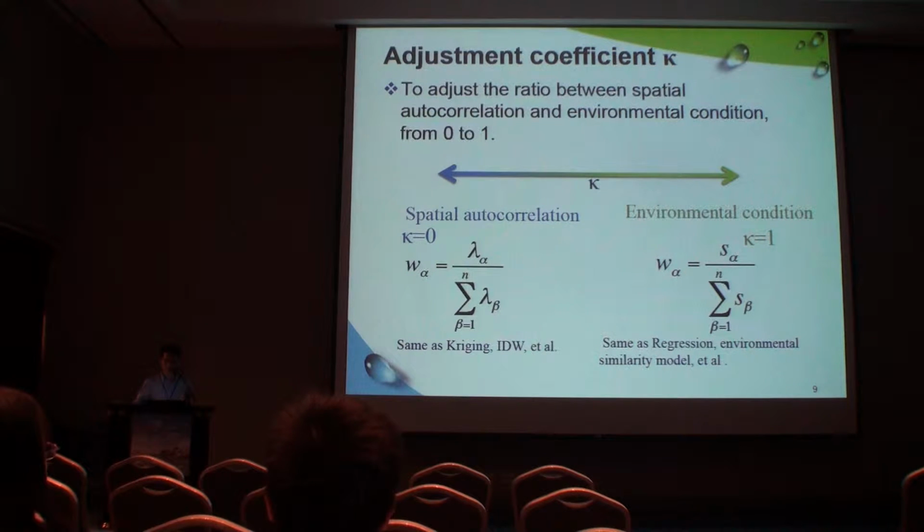On the other hand, when k equals 1, the method becomes the same as the regression method because the weights are only related to the environmental factors.